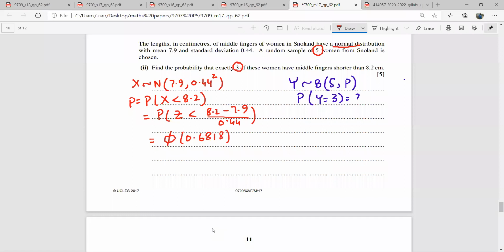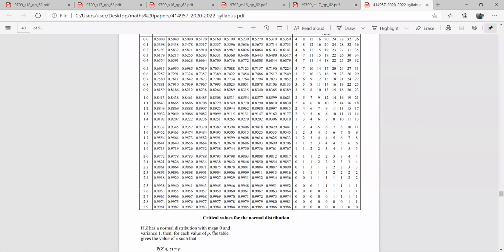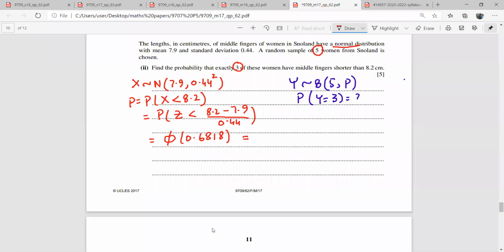Time to visit our table here: 0.68, and then 1. So this should be 0.682, in fact. We should round it off. So this is going to be 0.7522. This has to be rounded off, and we should have this correct to 3 decimal places. That is what we can find from our table here, and this is the P we have over here.